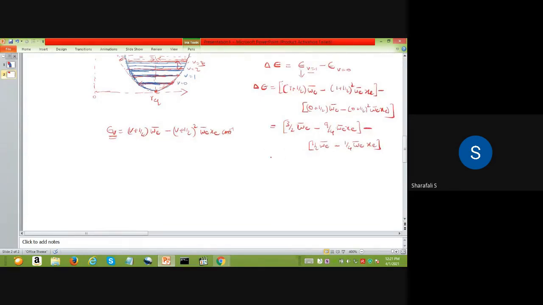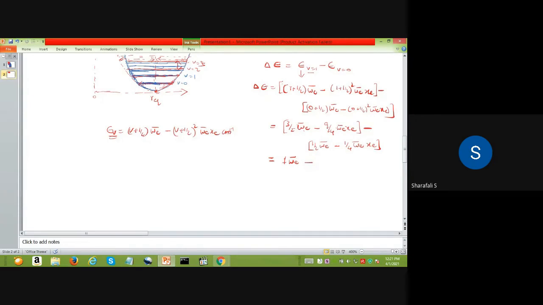Now, if you take these values, then you have 3 by 2 minus 1 by 2 omega e bar in the first case. So how much will that come? 3 by 2 omega e bar minus 1 by 2 omega e bar, so that will come as 1 omega e bar, right?